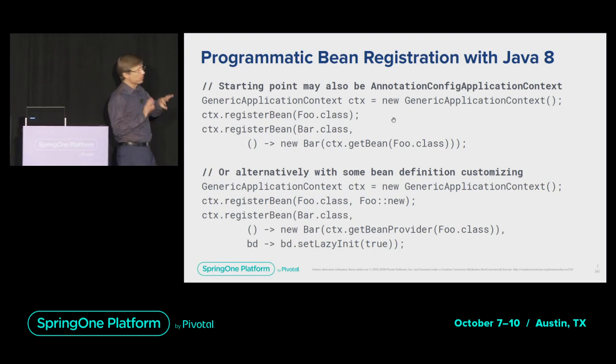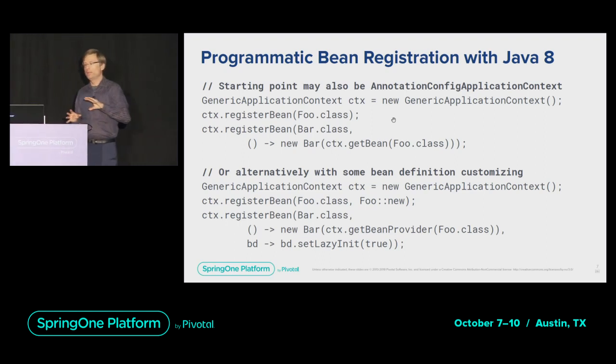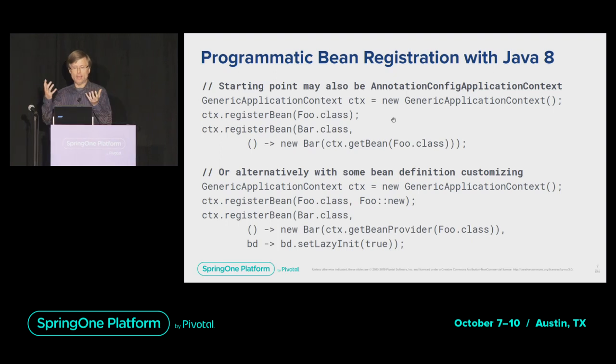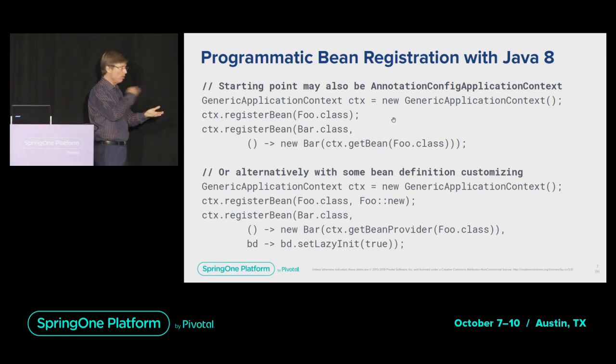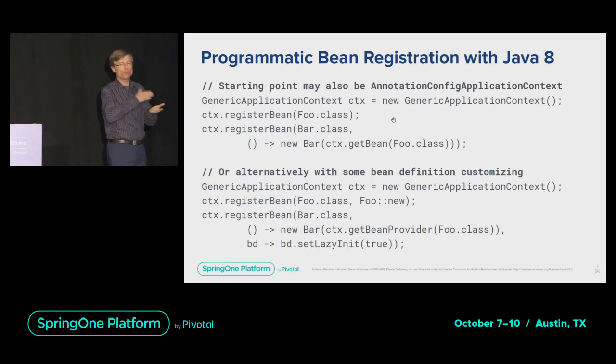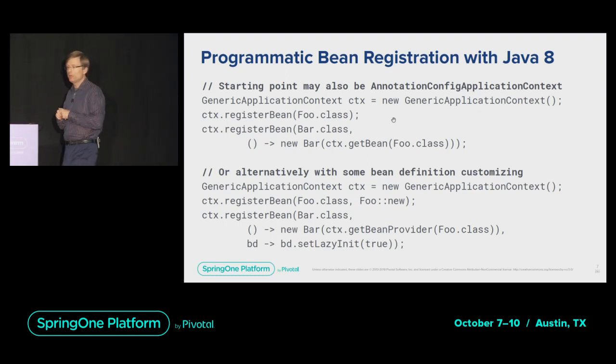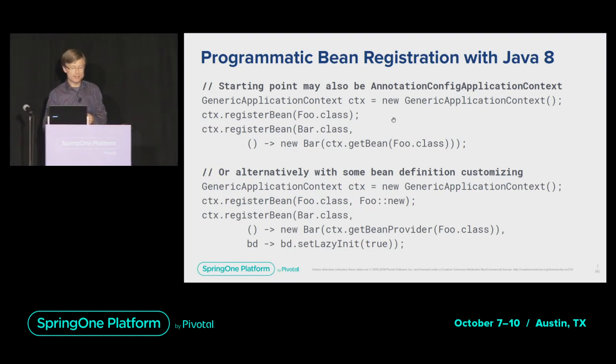And we already covered most of this in 5.0, where you can take a generic application context and provide all of its configuration, all the beans that you intend to register, through programmatic calls. And they follow, of course, a similar style. Those register bean methods, dating back to 5.0, are the other side of that coin.